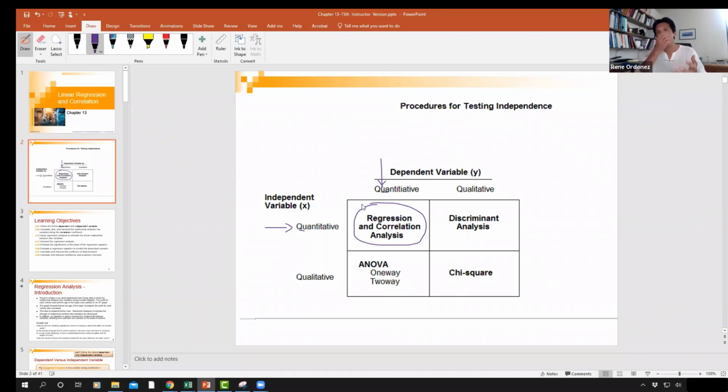So if you have data and you are asked to perform independence or correlation analysis, and both X and Y are quantitative, then the appropriate test would be regression and correlation analysis.